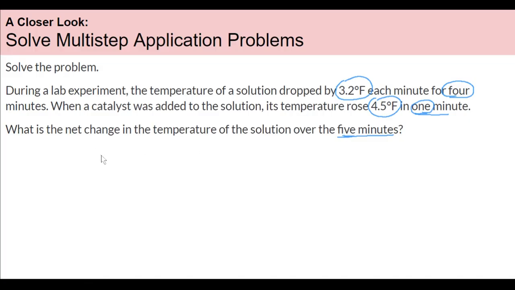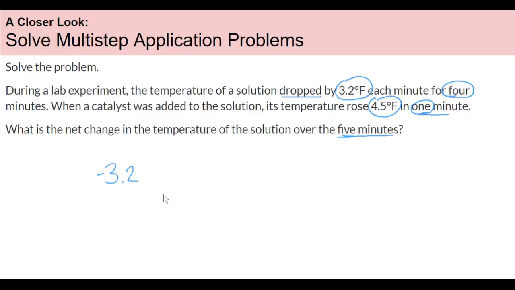Let's first start off. It starts off at 3.2. Now, is 3.2 going to be positive or negative? It's going to be negative because it says the solution dropped, right? The temperature dropped, so that would be a negative.